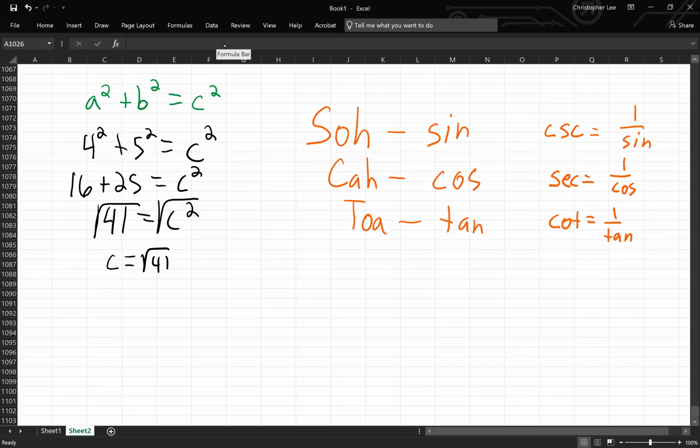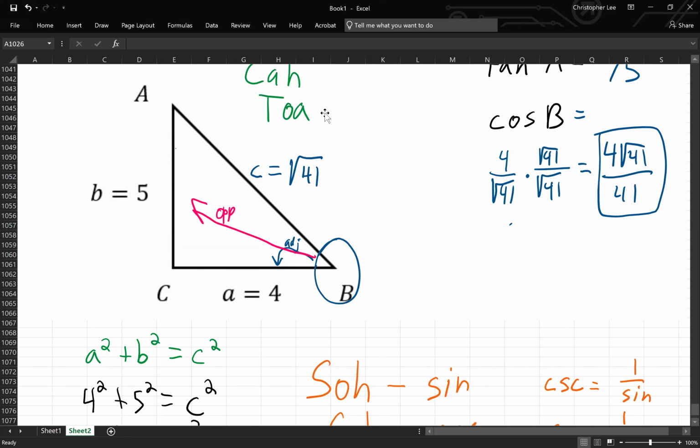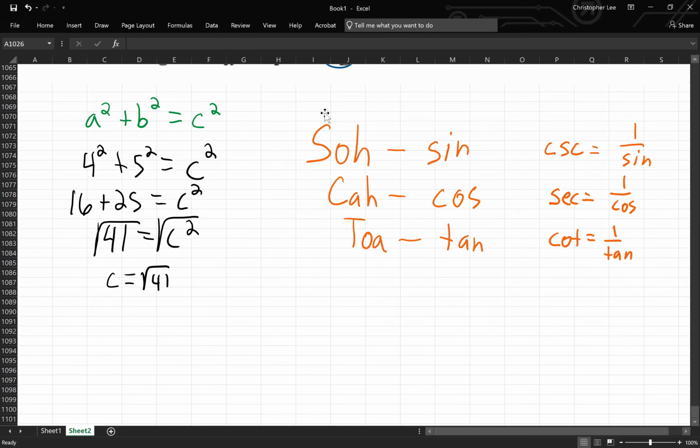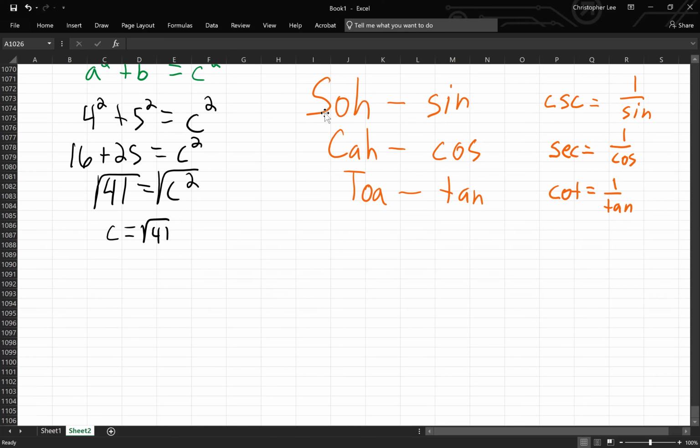Let's say cosine of B, which turned out to be 4 over square root 41. If there was a secant question, say they wanted secant of B, all I would do is take the cosine of B and plug it into the formula.